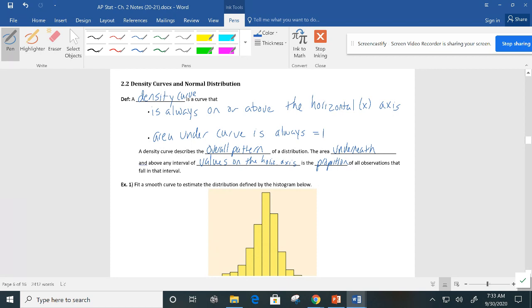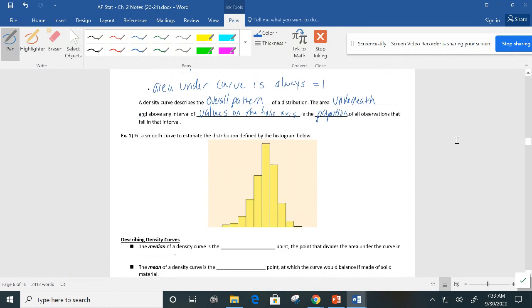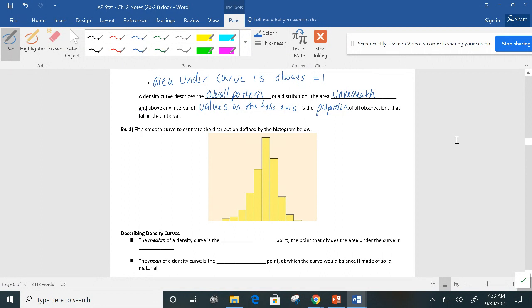So what we're doing here is creating a curve to estimate the proportion that fall in between that interval, because it's easier to find the area under a curve than it is to use the values in our histogram to find that area. So there's actually a little bit of a reference in this stuff to calculus.